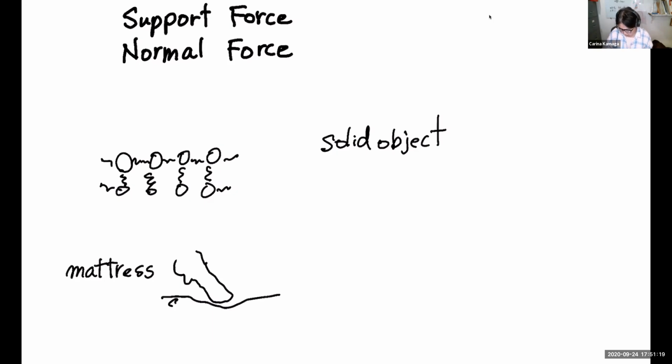So the springs inside are now being compressed. If you press it down, it's going to give you a force back on your finger. So that is similar to the normal force.